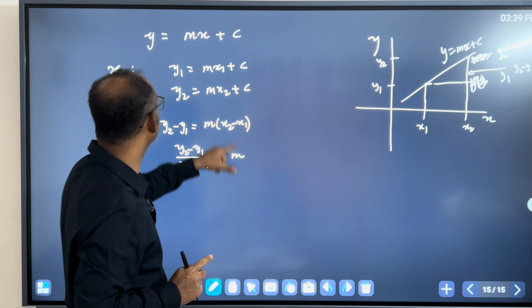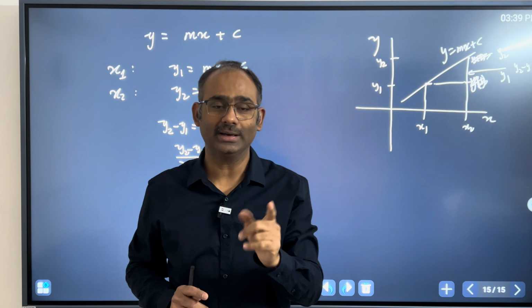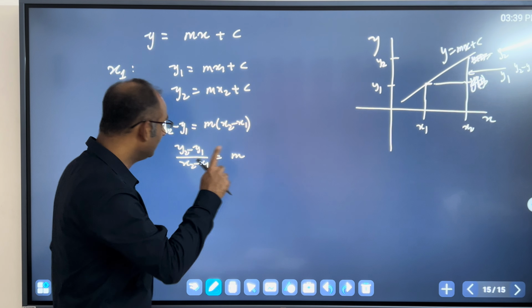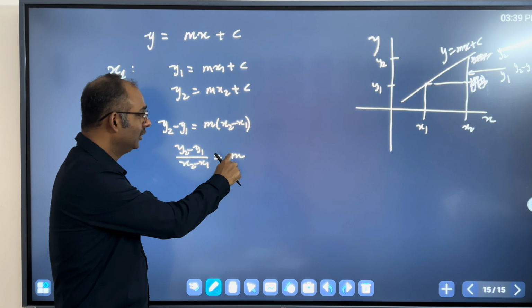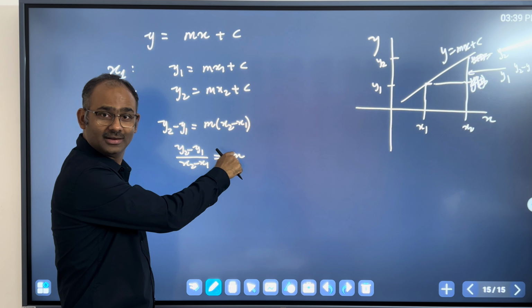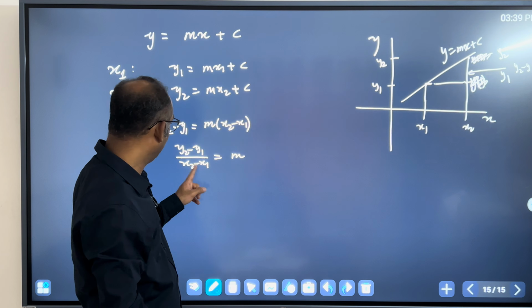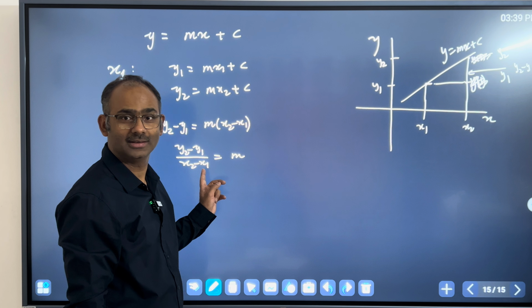It is m. It's a constant, meaning it does not depend on where you are looking. Because if it did, then the right hand side would be a function of x1 and x2, right?